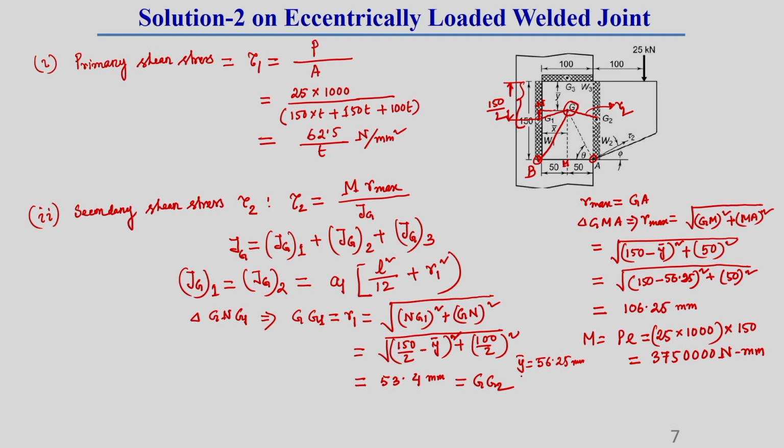So, by putting this R1, A and L value, we are getting equation number 1. In equation number 1, L is 150 millimeter, R1 is equal to 53.4 millimeter and A1 equal to A2 equal to L, the length of this vertical weld, into T. So, the length of the vertical weld is 150 and T is the thickness.